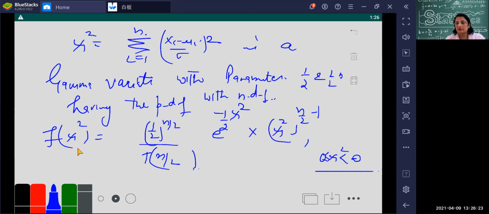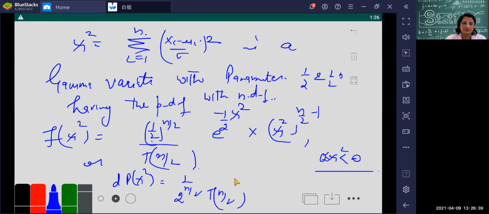If you have to write it in the cumulative distribution form, there is another way to write it: dF of chi square, right? So this is equal to, if you solve it, 1/2 raised to power n/2 upon gamma of n/2, e raised to power minus chi square by 2, chi square raised to power n/2 minus 1 into d chi square, 0 less than or equal to chi square less than infinity.